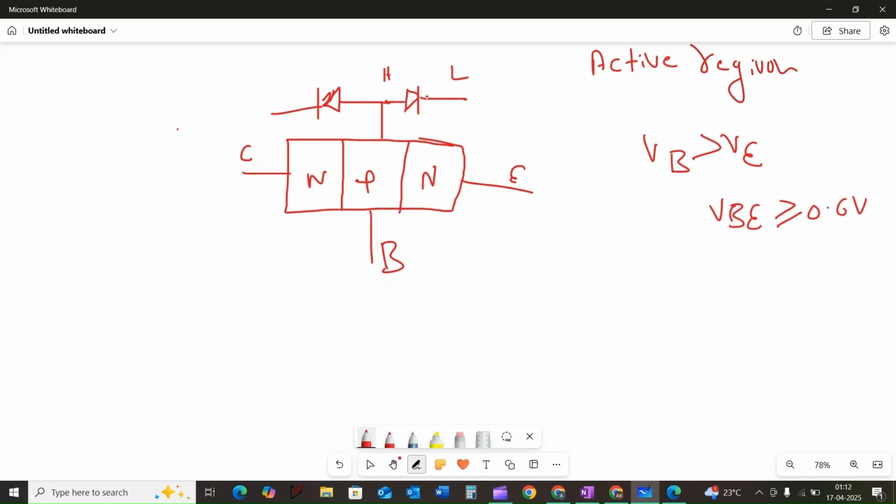The base emitter junction is in forward bias condition, however the collector potential VC is still higher than the base terminal, so that the collector base junction will be in the reverse bias condition.